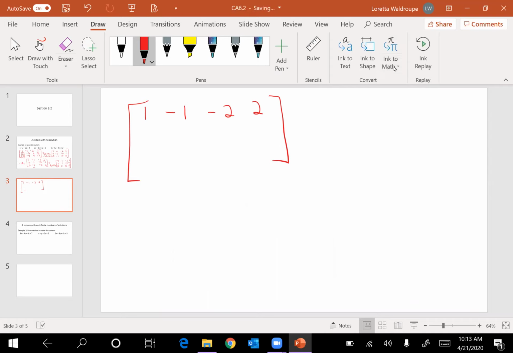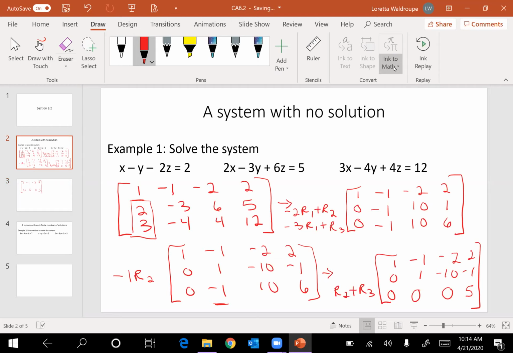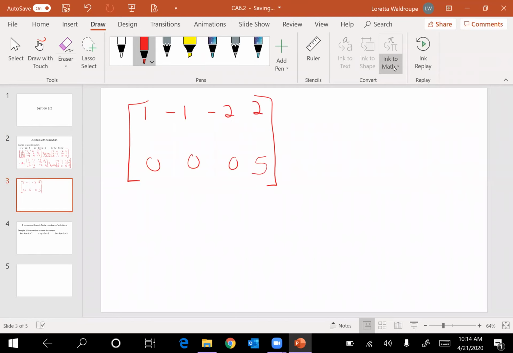Let's line those up a little better. And I don't remember my middle numbers. 1, negative 10, negative 1.